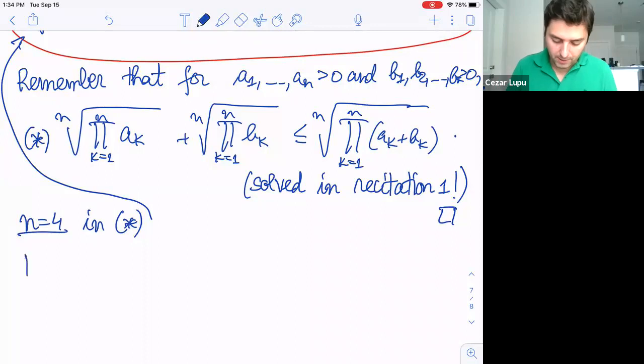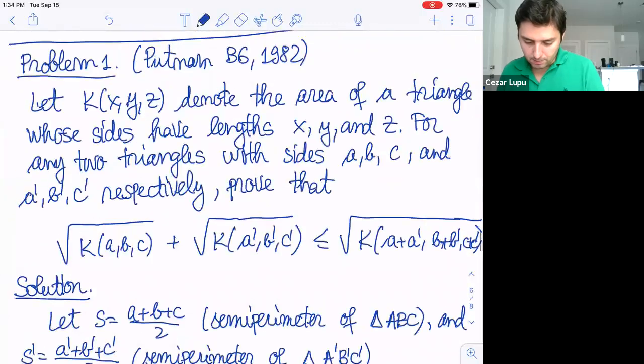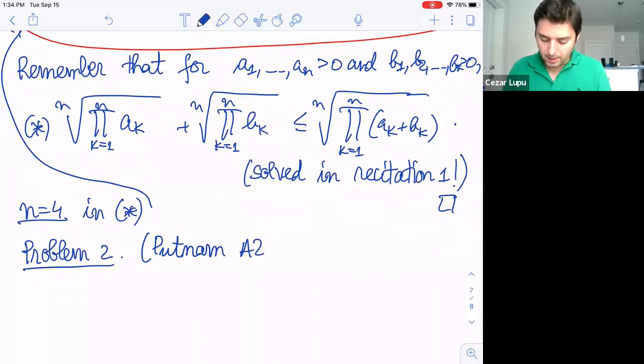So this was problem A2. This is Putnam A2, 1985, I think. Anyway, the statement says the following.